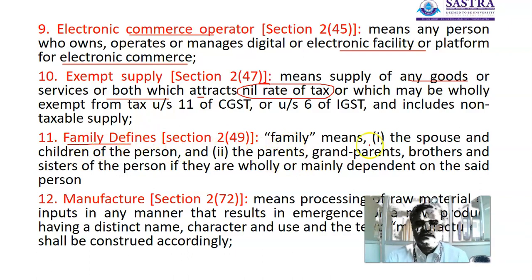Family definition, Section 2(49). Family means the spouse and the children of the person. You are male, your wife and your children. You are female, your husband and your children. And the parents, grandparents, brothers and sisters of the person, if they are wholly or mainly dependent on the said person.